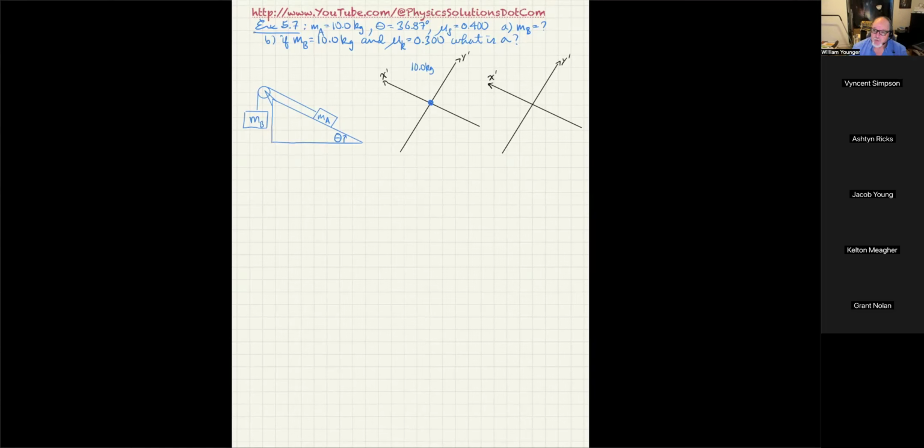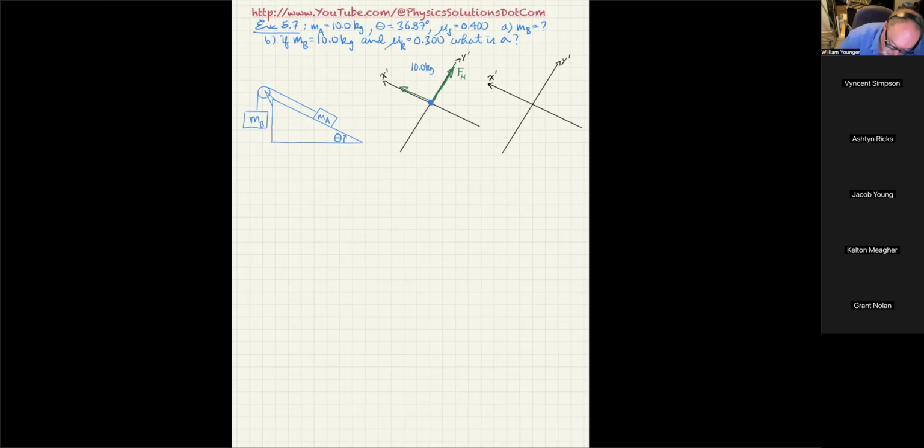Okay, so the inclined plane and the pulley are both providing forces. One of those forces is in the positive y-hat direction, and that, of course, is the normal force. So that's F normal right there. We also have the tension in the rope, and that is going to point in the positive x direction, or positive x prime direction. And I call that just plain T.